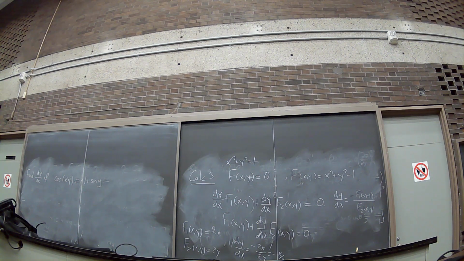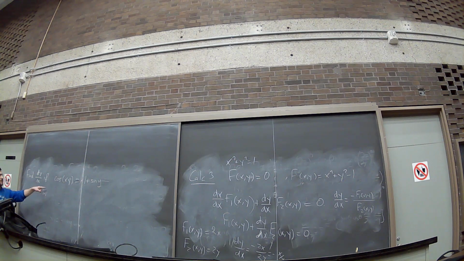So how do we do this? Do you want to use the formula? Let's use the formula. I hope I memorized this. So what is it? It's minus f1 over f2. Yep. Okay, great. What is dy by dx?